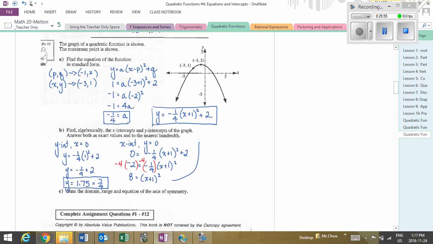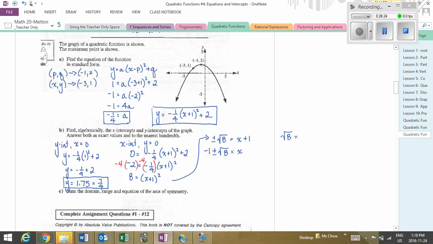Square root both sides. So then we have the square root of 8. Again, remember, as soon as I take the square root, we're looking at both the positive and the negative, and that is equal to x plus 1. And then we'll subtract 1 from each side. So then -1 plus or minus √8 is equal to x. Root 8 can be simplified.